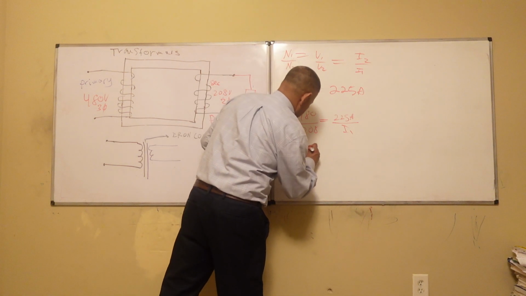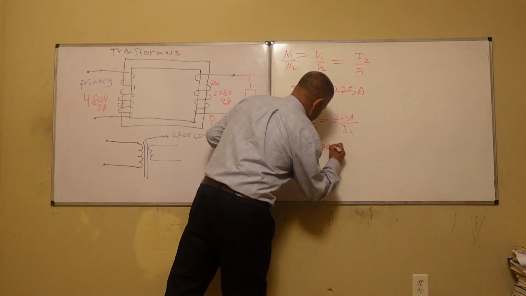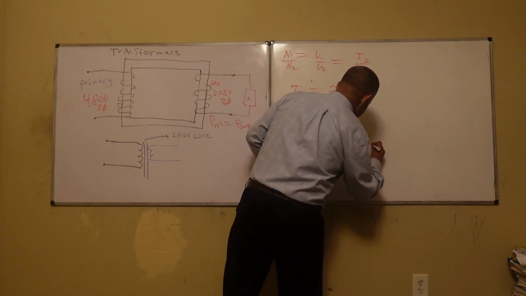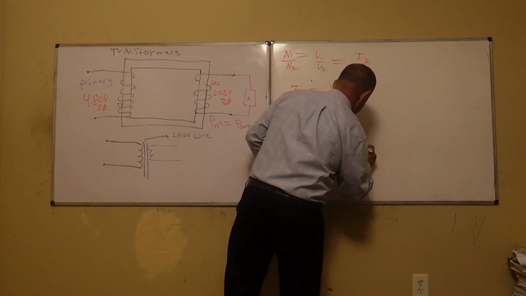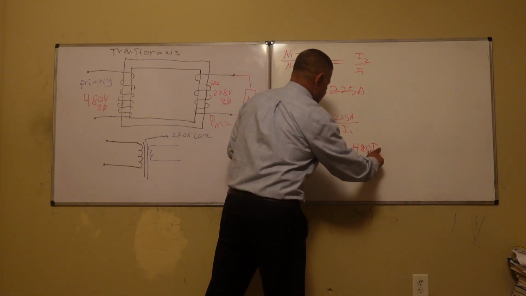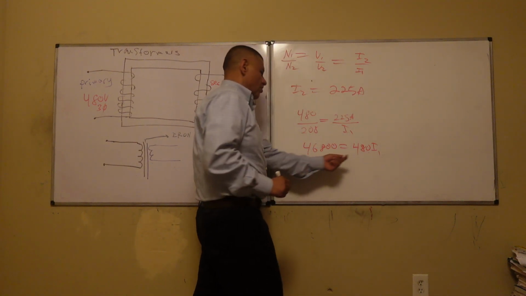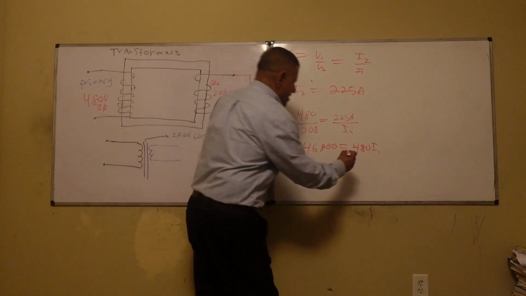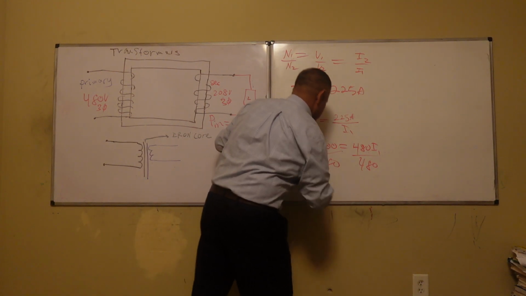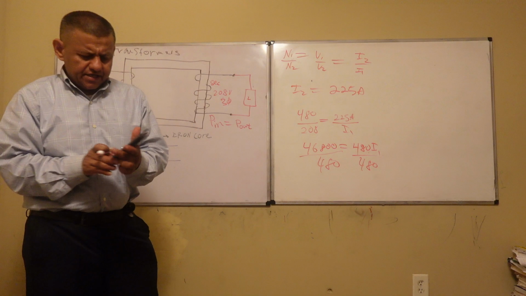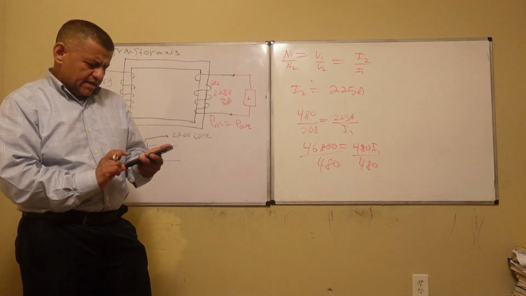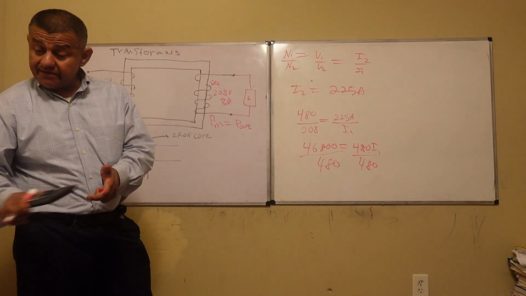So 46800 is equal to 480 I1, I'm sorry, that's I1. Now we divide by 480. Divide that by 480, and you get 97.5.